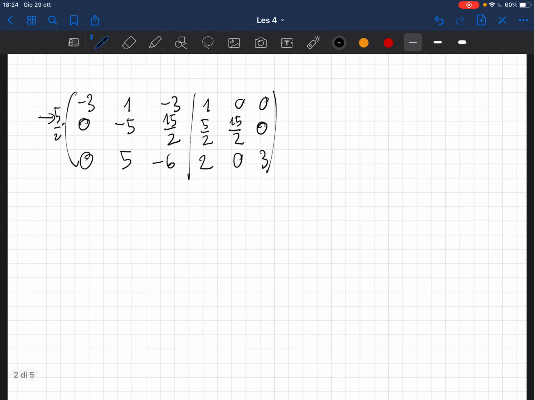Yes. Now I can just replace the third by the sum of this with the second. And okay, 3, 1 minus 3, 1, 0, 0.